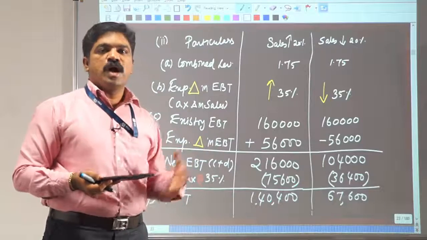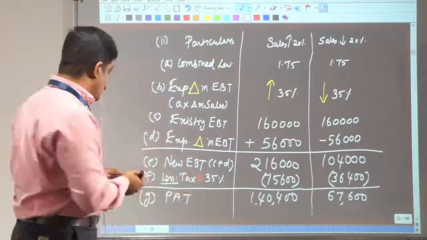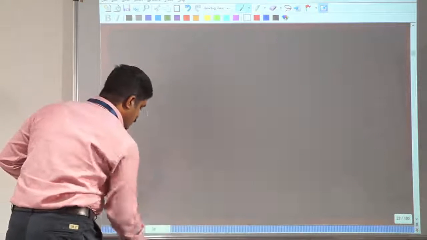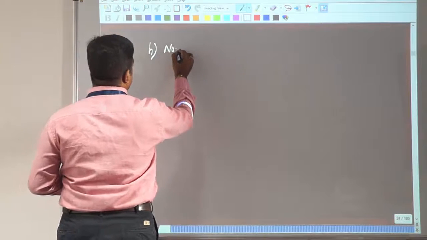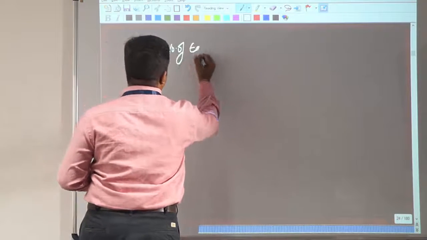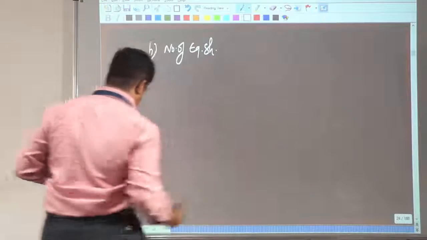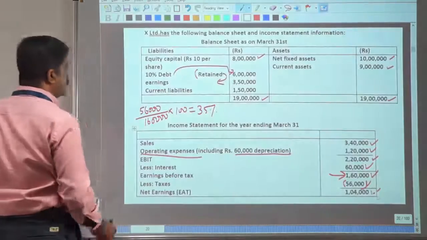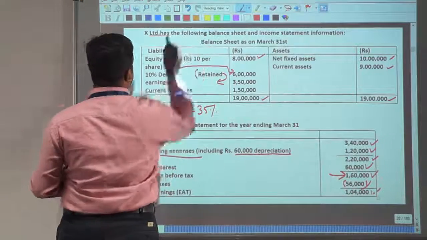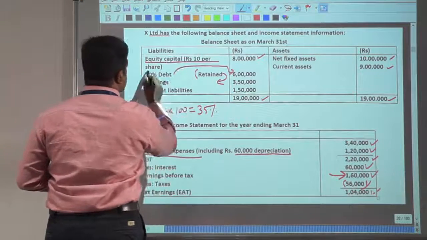What should I do? I should find out EPS. Okay. So let me pick up the next page. It means basically I have to divide it by the number of equity shares. So how do I know how many equity shares this company has? Let me go back to the question. I think here you have the information. Equity share capital, rupees 10 per share.